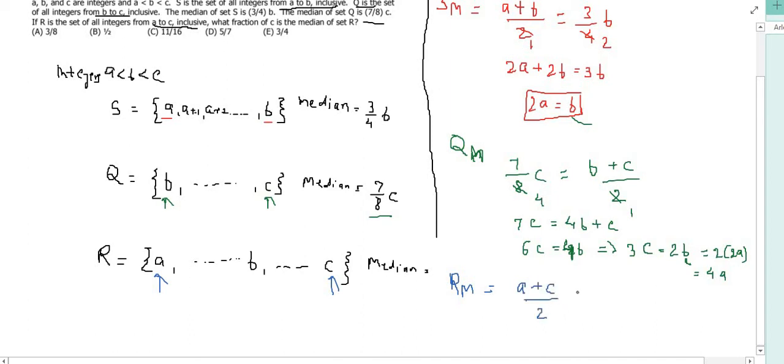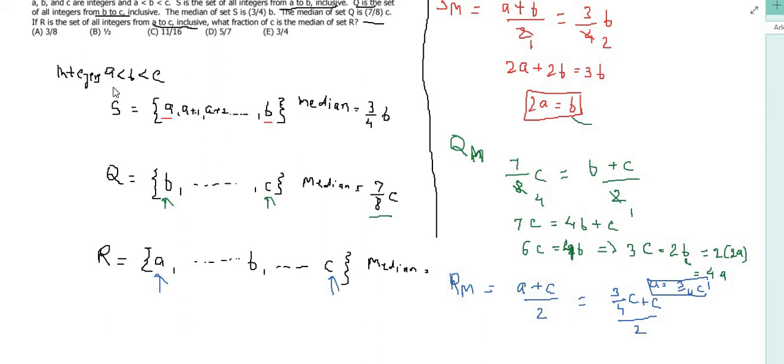Let me change it all in terms of C. In place of A, because 3C is equal to 4A, A will be equal to 3 by 4 C. Let me substitute it here.